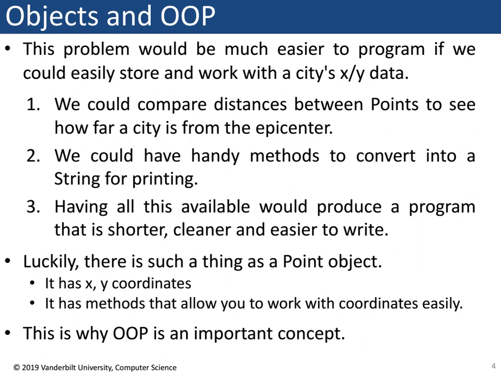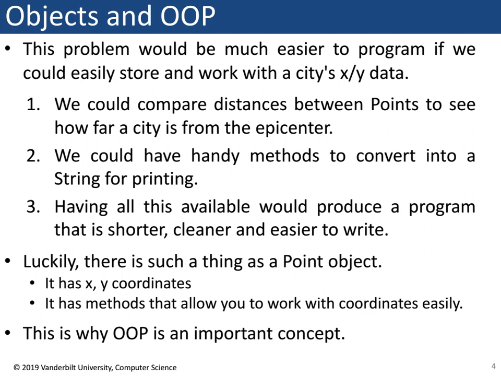So the great thing about an object is it represents the idea, in this case, of an XY location. And it embodies the XY data as well as common behaviors associated with XY data, like finding the distance between two XY locations. So an object is a code representation of the idea of an XY location in this instance.